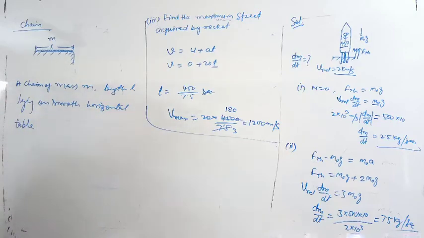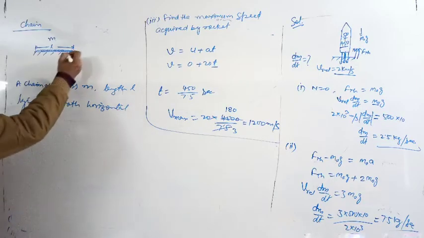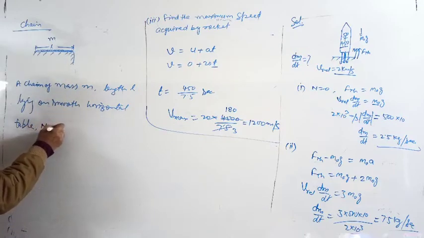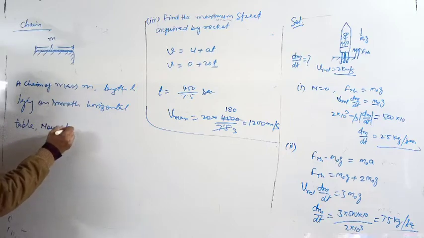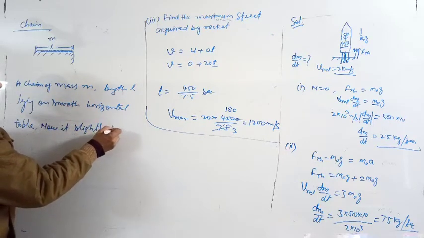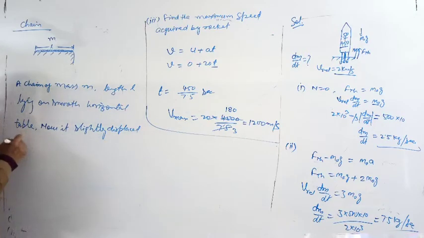Okay, on a smooth horizontal table. Now it is slightly displaced from the edge.